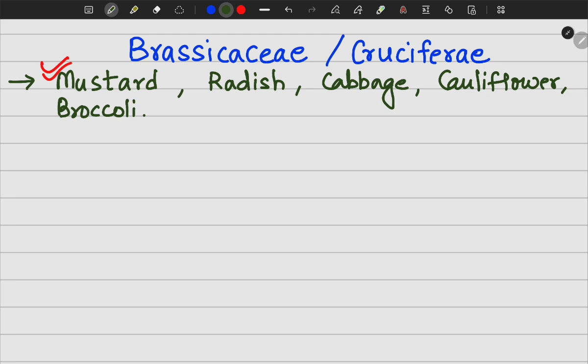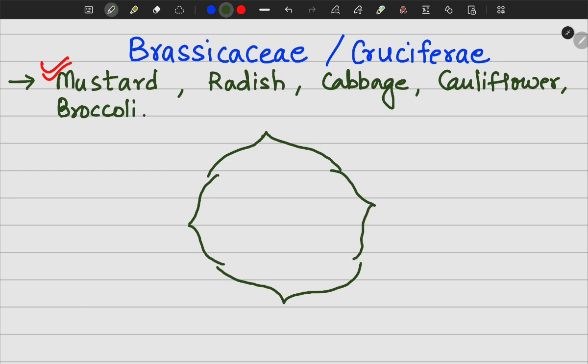First of all, let us draw the calyx. So the calyx of mustard is arranged in this manner. Let me draw it properly.